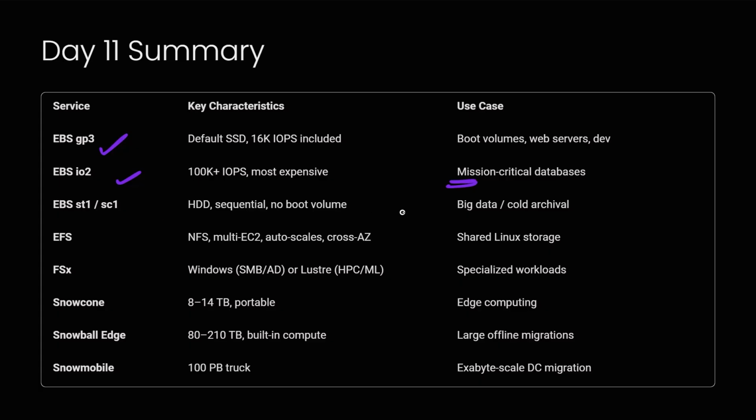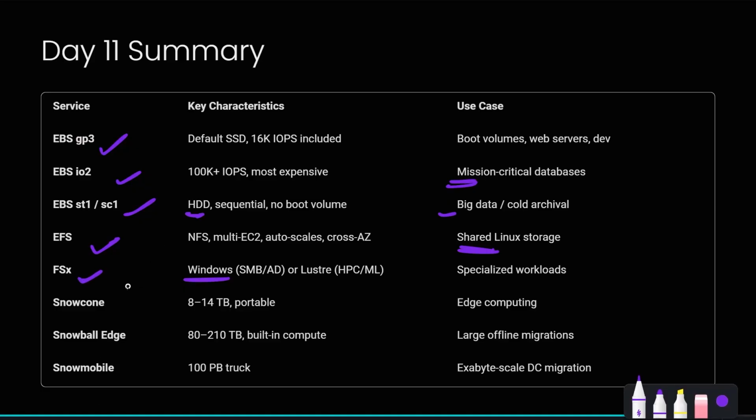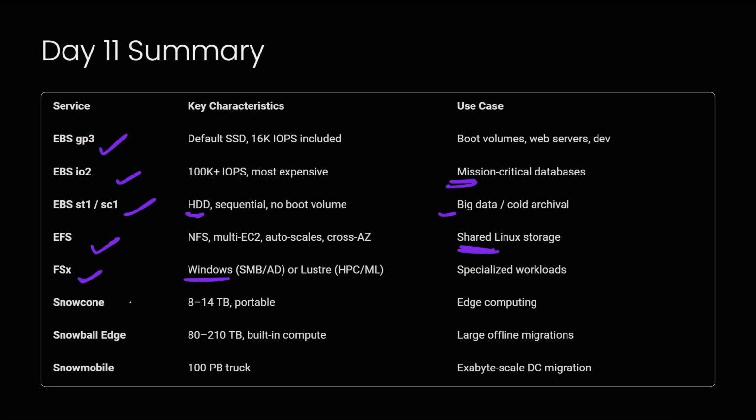Big data and sequential logs, ST1, that is HDD. Sharing Linux file across multiple servers, EFS. And sharing Windows file with Active Directory, that is FSx for Windows. And if the internet is way too slow, you order a Snowball or a Snowmobile.